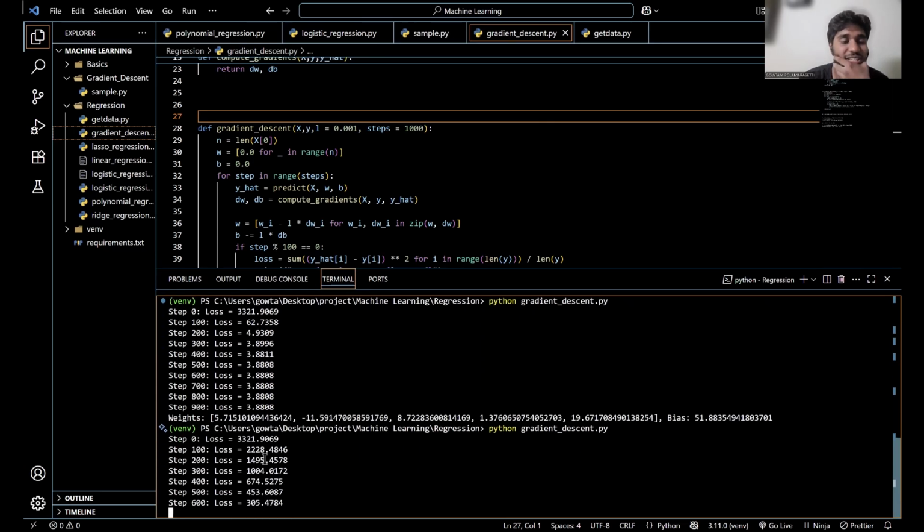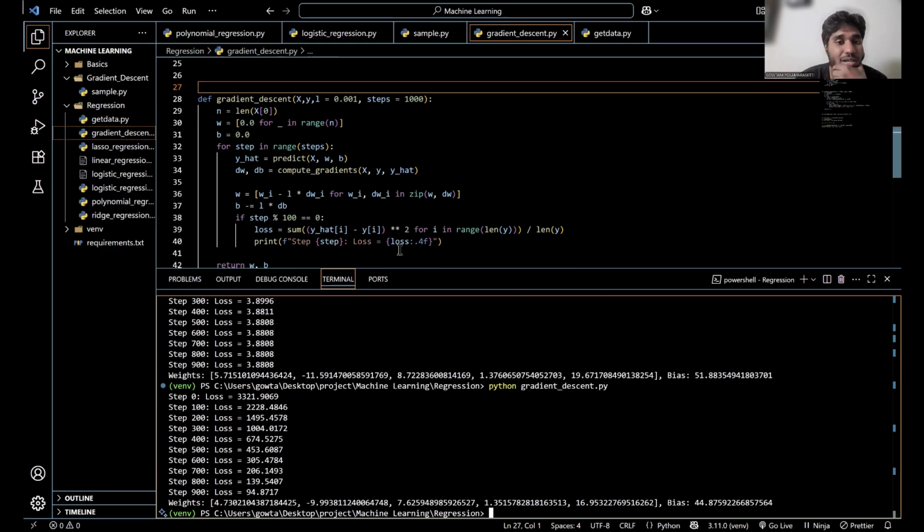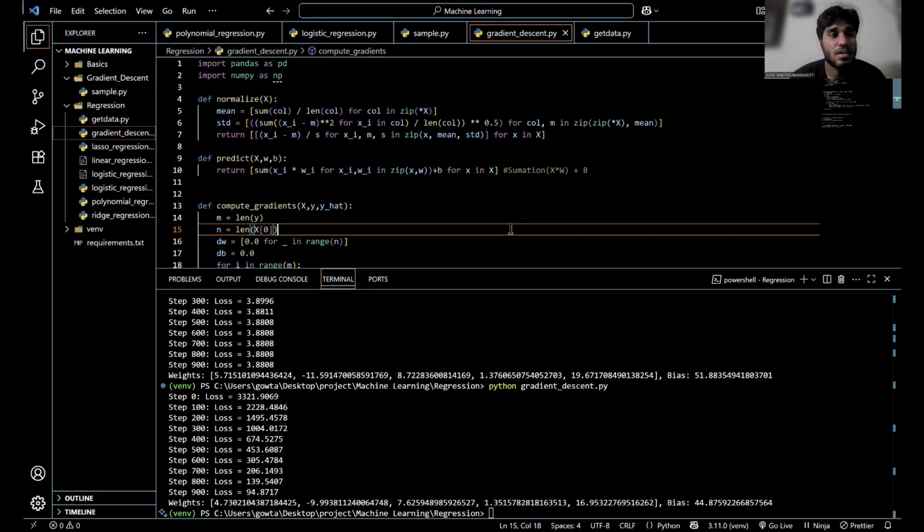As we decrease the learning rate, the loss at each step is higher, because now the function is taking smaller steps towards minimization. So the loss we get at n steps is more compared to when the learning rate is 0.1. So this is how linear regression works with gradient descent.